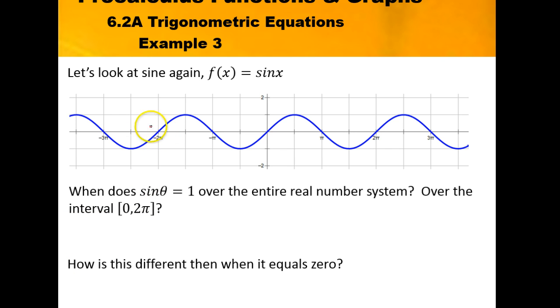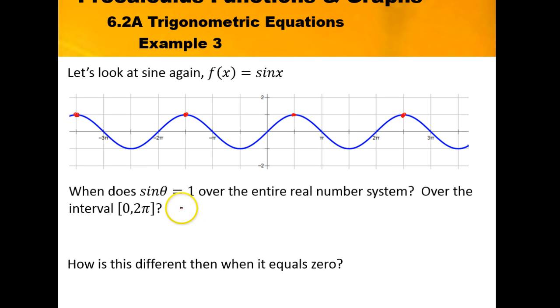Okay. It looks like it's 1 for the whole number system. It's here, and here, and here, and here. Now we have been saying that it's equaling 1 at the pi over 2's, but what we really say is it equals 1 and negative 1 at alternating pi over 2's, right?